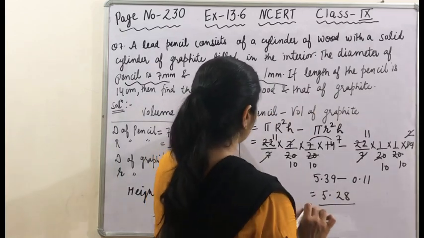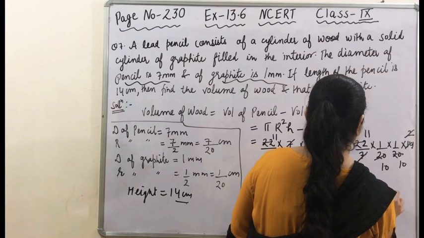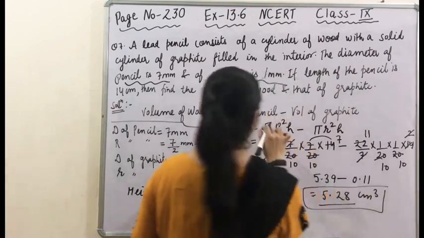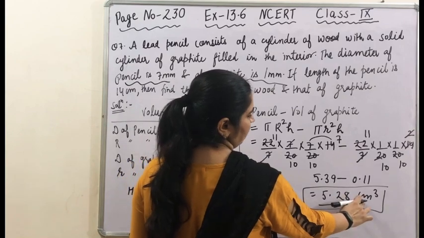It was volume, in centimeter cube. So this is the volume of the wood, which is 5.28 centimeter cube.